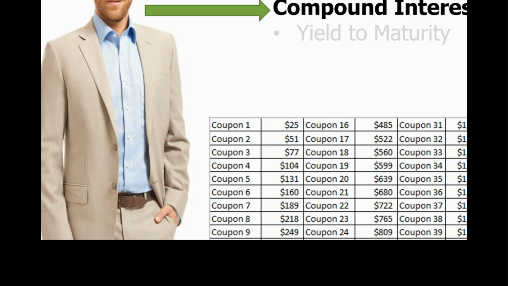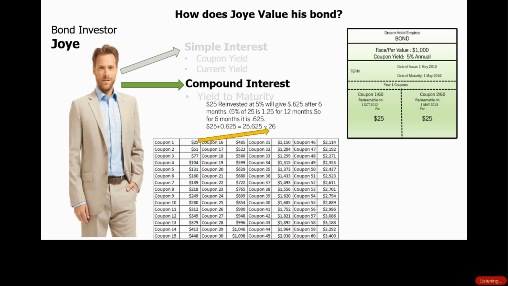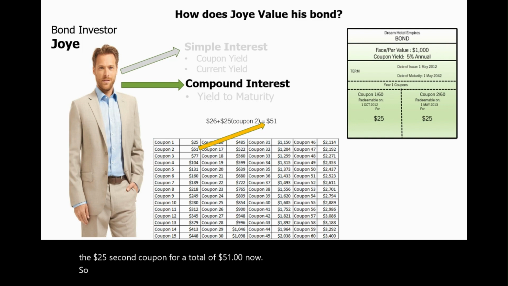So if that was the scenario, after Joey receives that first $25 payment, let's assume that Joey reinvested that into a completely different investment that's going to make him 5% return. So as we look at the second coupon, that initial $25 has matured into $26. And then Joey received the $25 second coupon for a total of $51 now.